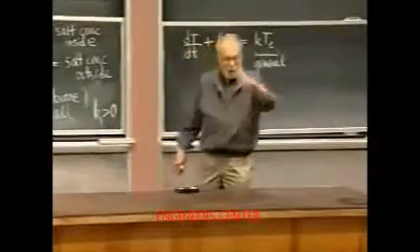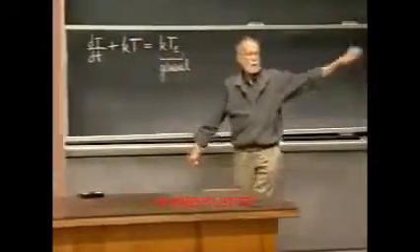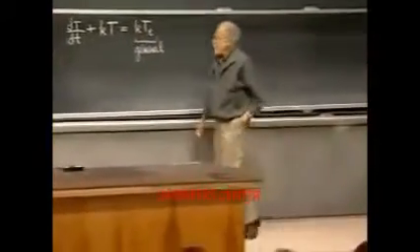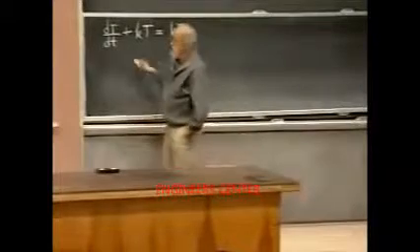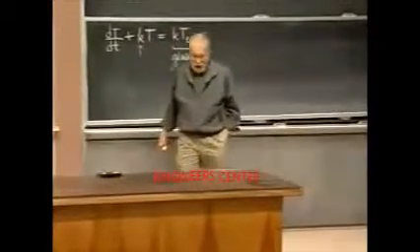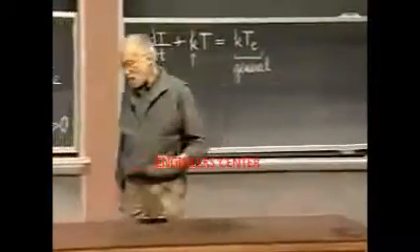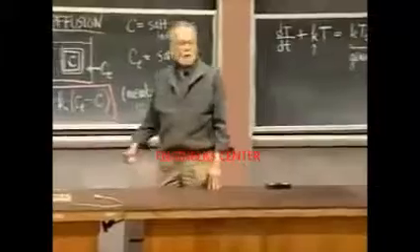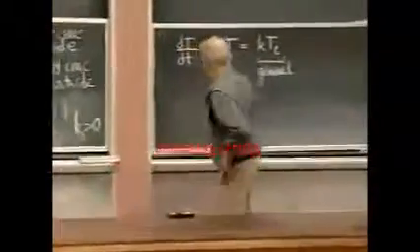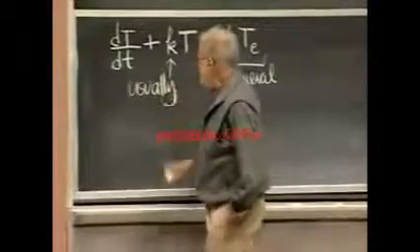Steadily rising, decaying exponentially, maybe oscillating back and forth for some reason. The only way in which it's not general is that this k is a constant. So I will ask you to be generous. Let's imagine the conductivity is changing over time. So this is usually constant, but there's no law which says it has to be.